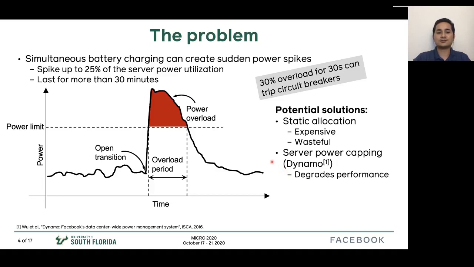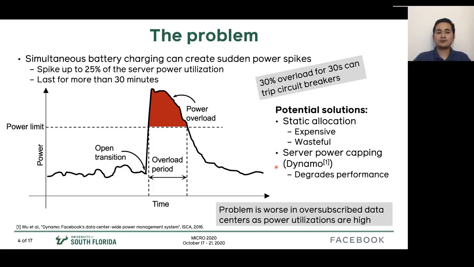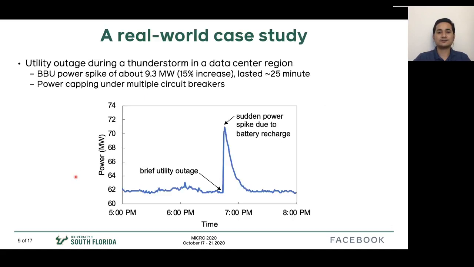Dynamo is Facebook's data center power management system, which caps servers to avoid power overloads. However, server power capping can degrade performance. This problem is even worse in oversubscribed data centers, as the power utilization are generally high in oversubscribed data centers.